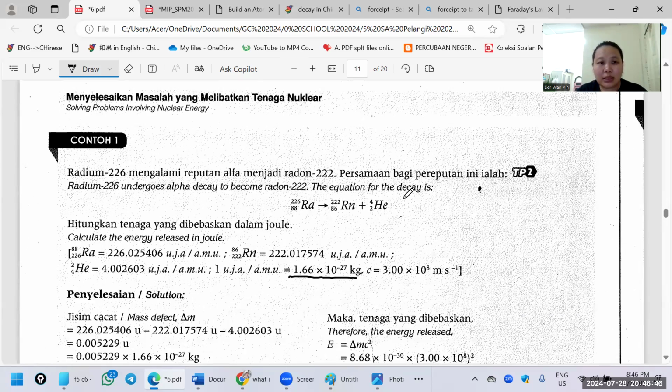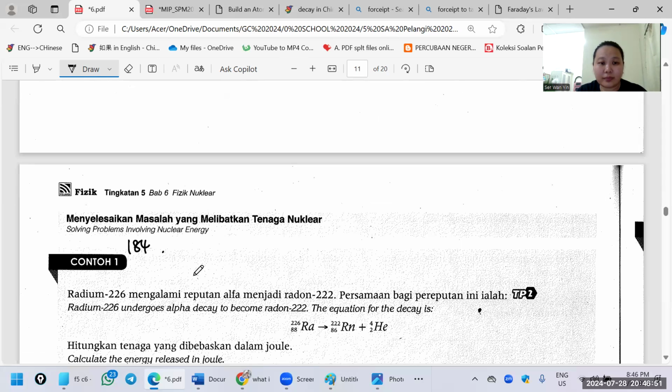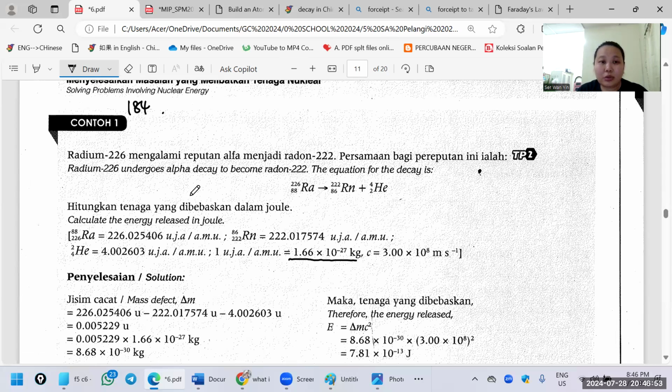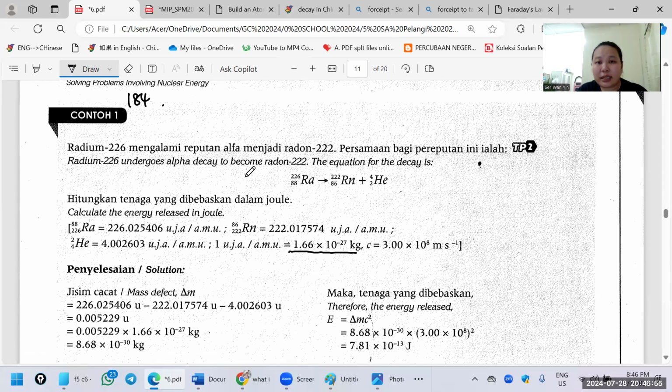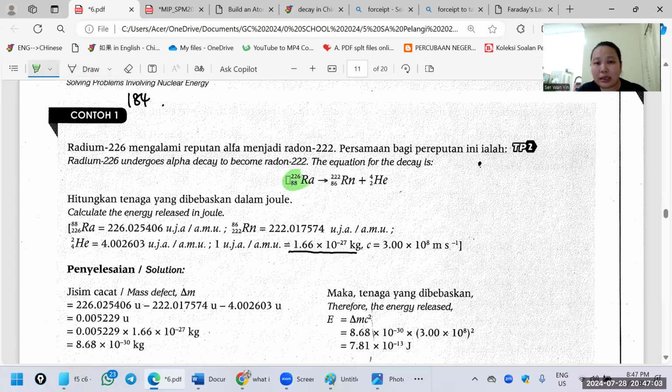Okay, now let's see this. Page 184. Radium-226 undergoes alpha decay to become radon-222. The equation is like this. As I told you before, actually it's the same as your chemistry.